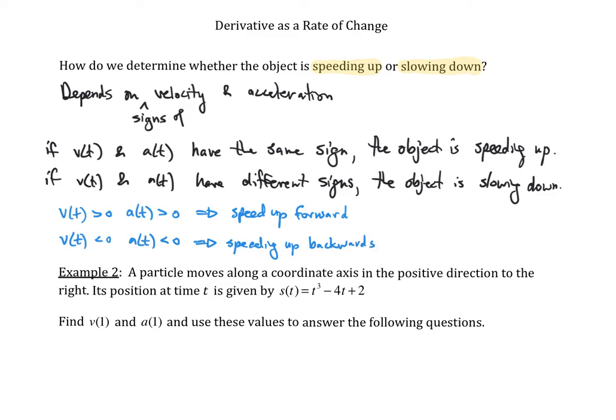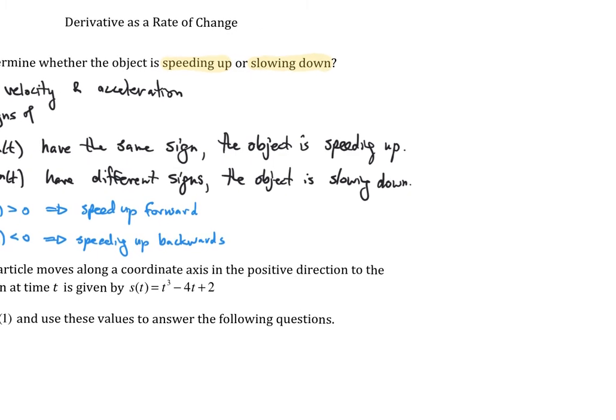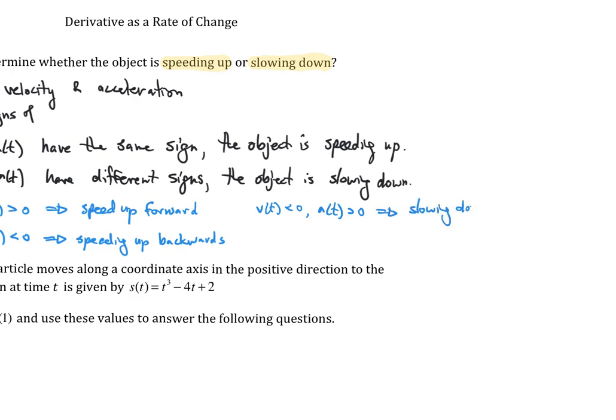All right. If we have a situation where the velocity is negative, but the acceleration is positive, this means that it's slowing down, but it's going backwards.